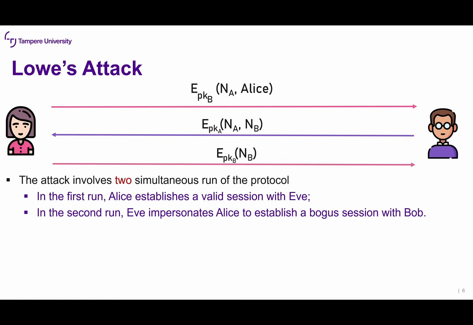She will have two sessions in parallel in order to be able to launch the attack. Now, in the first run, Alice establishes a valid session with Eve, right?